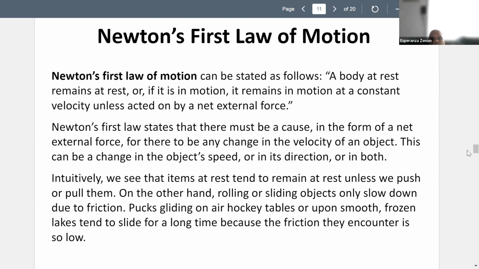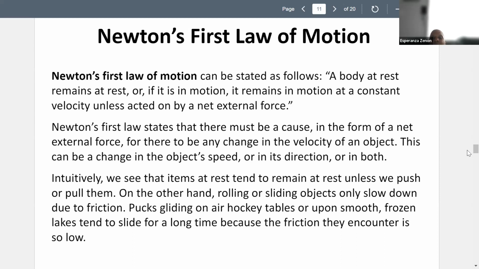Okay. So what Newton's first law is saying is that there must be a cause in order to change the velocity. Okay. In order to change an object's velocity, there must be a cause in the form of this net external force. I like to think of it this way.